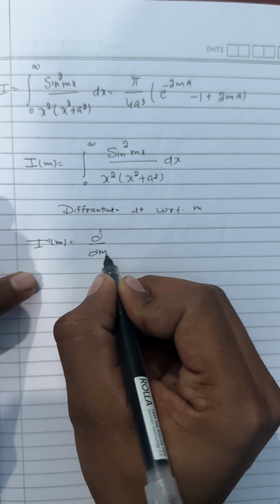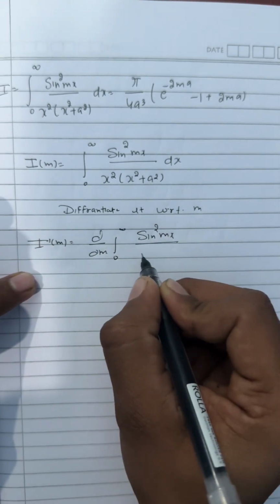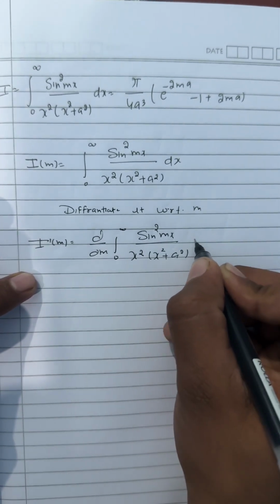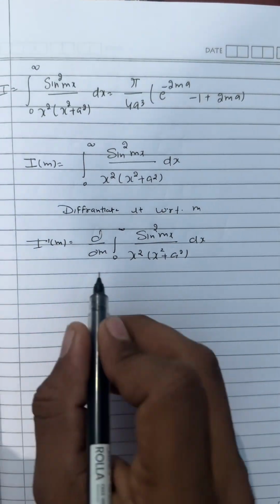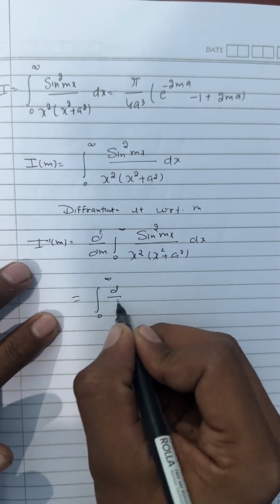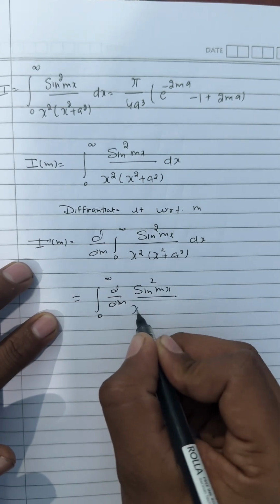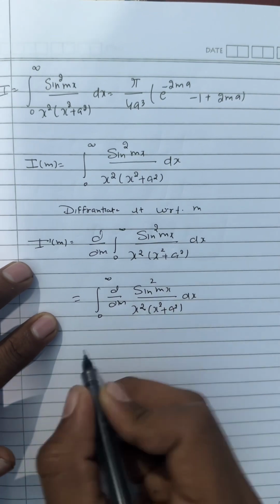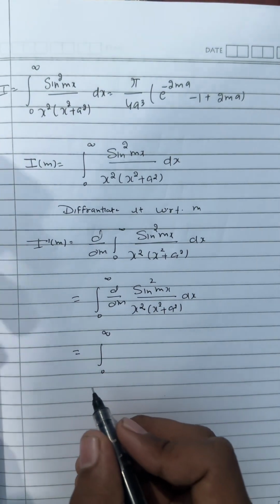So I dash m equals d by dm of the integral from 0 to infinity of sine square mx over x square plus a square. Because the limits are independent of m, we can take this differentiation under the integral. What's the differentiation of sine square mx with respect to m?